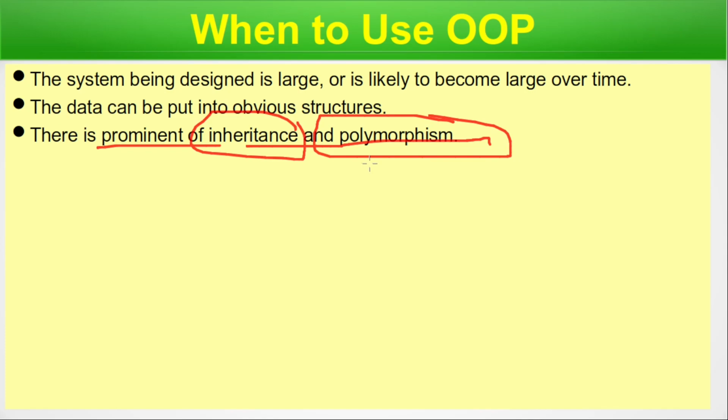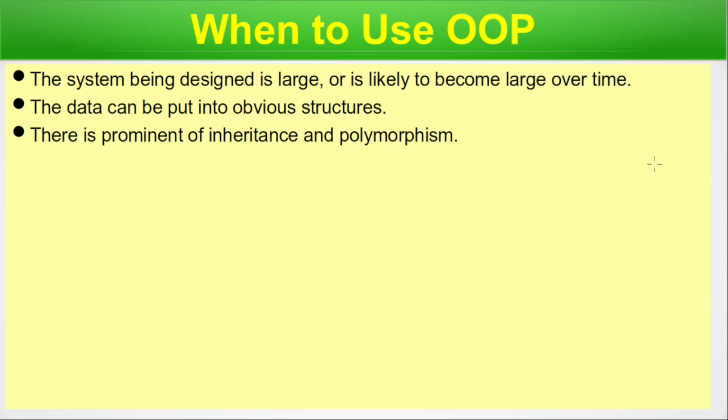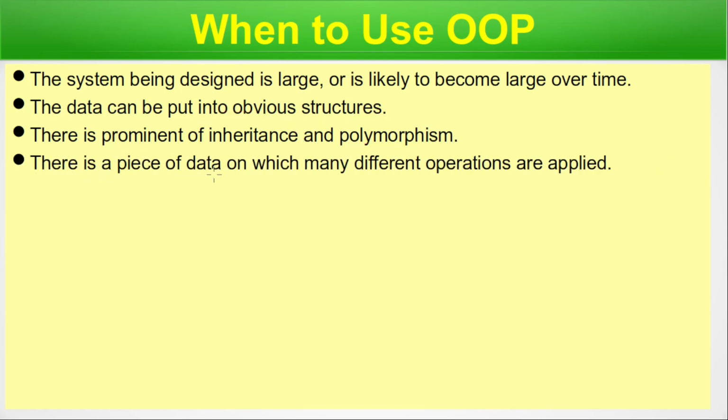But just in brief, inheritance is nothing but getting the properties from your parents. That means whatever qualities you have inherited from your parents is called inheritance. And polymorphism is a different concept. To explain this, we will have to wait till the slide on polymorphism. There is a piece of data on which many different operations can be applied.